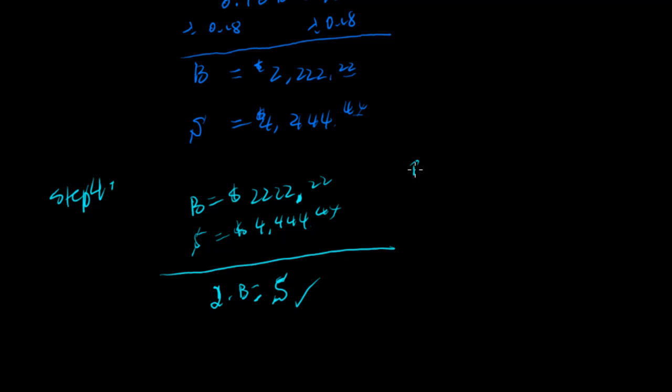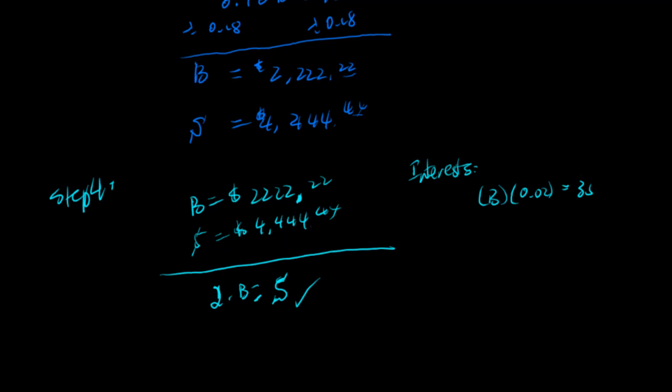Let's calculate our interest. B times 0.02 gives us, actually, my apology, I wrote this one wrong.